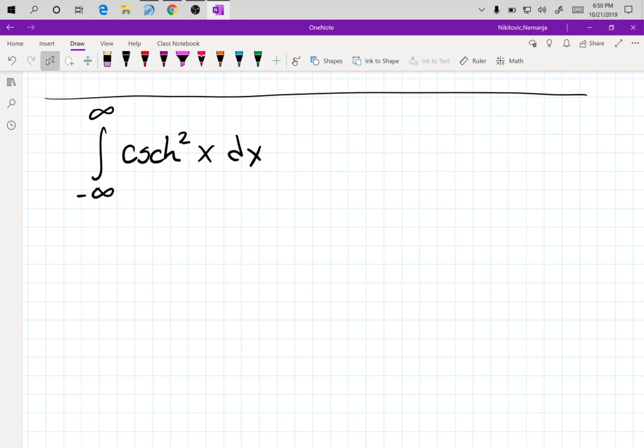There we go, much better. Secant hyperbolic squared x. That's what I meant. So when we have a secant hyperbolic, the graph is, there we go. Much better.